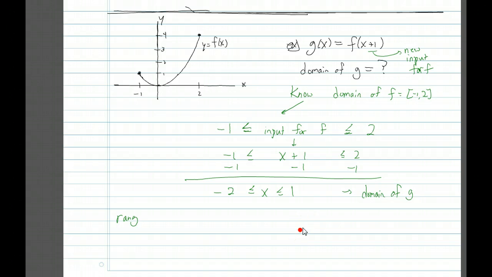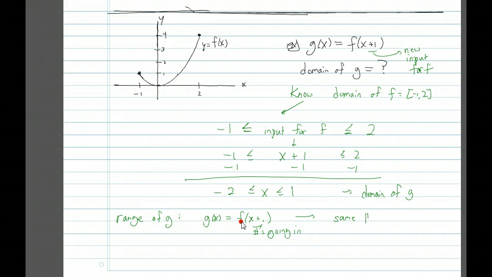Now we want to look at the range question. What is the range of this function g? Again, looking at the formula, g of x is f of x plus 1. We're plugging numbers in for x and adding on 1, so we know which ones we're allowed to plug in. Some numbers go into the function f, and the same numbers come out of the function f.